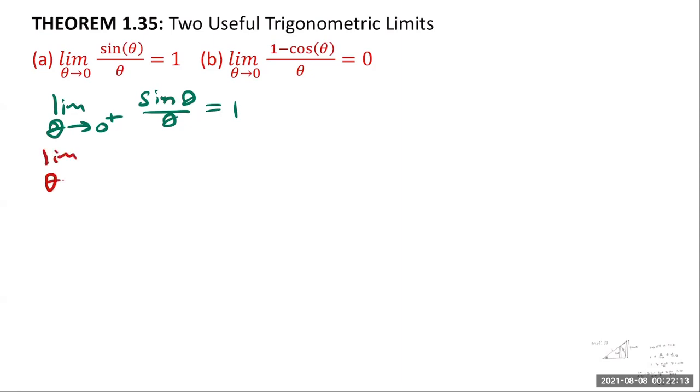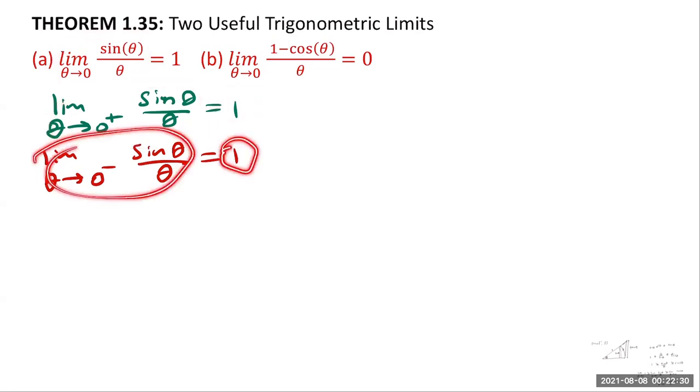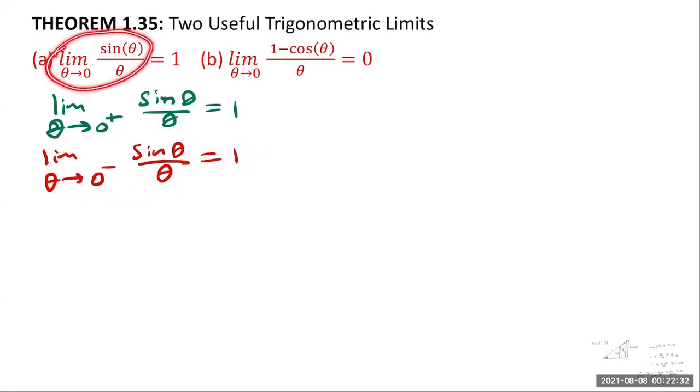A similar argument will show that as theta goes to 0 from the left-hand side, sine theta over theta is equal to 1, and hence this limit is 1, because your right limit exists and is equal to 1, and the left limit exists and is equal to 1. That means the two-sided limit exists and is equal to 1. I will only show this part, and the other is very similar. I will briefly explain how to show it once you have proven this part.